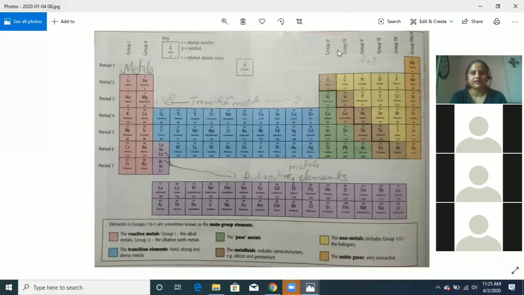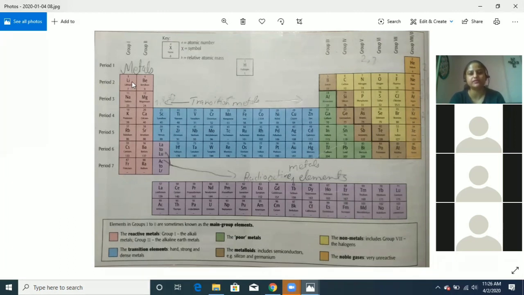Sodium is kept below lithium. We have not continued after this 10, Ne. We have not kept Na after Ne. On the right hand side, we kept Na below Li, because Na has similar properties to lithium.